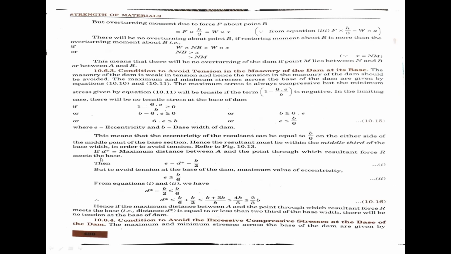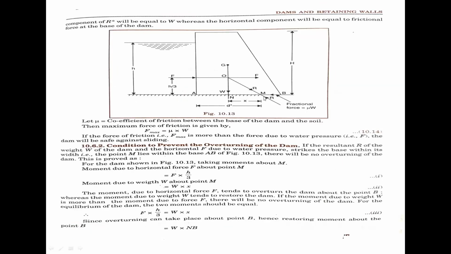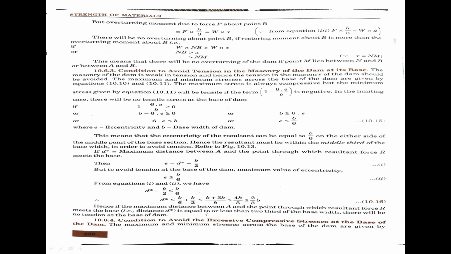Now, if small d equals the maximum distance between A and the point through which the resultant force R meets the base, then E equals d minus B by 2.